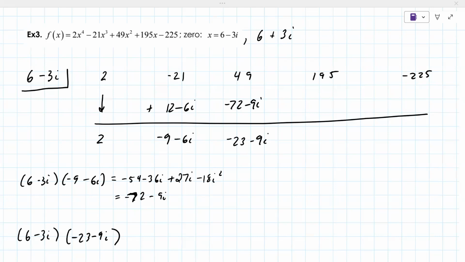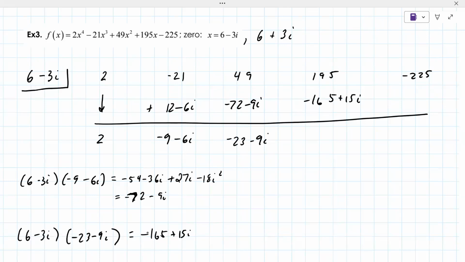All right, I am back. I mean, the numbers are a little bit larger here. So I got negative 165 plus 15i. That is correct.